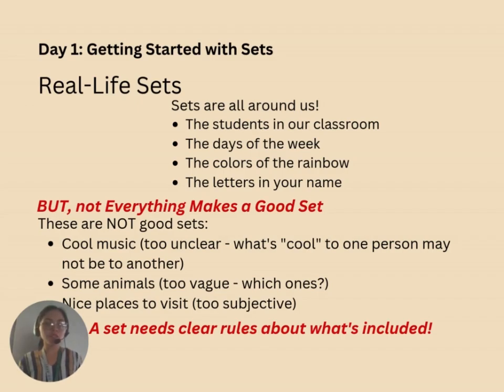Nice places to visit. Very subjective again. Maybe some places are nice for you, but to other people it is not nice at all. So let me highlight: a set needs clear rules about what is included, because you need to clearly tell which is part of the set and which is not part of the set.